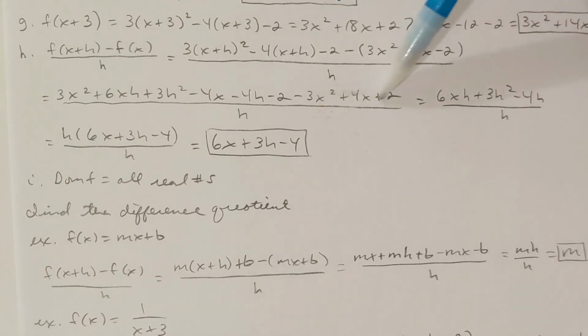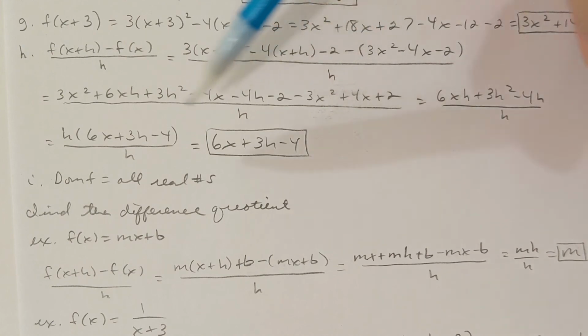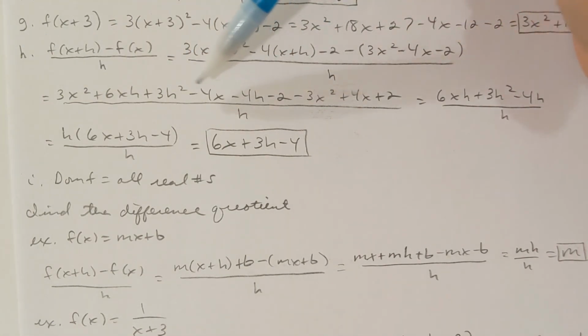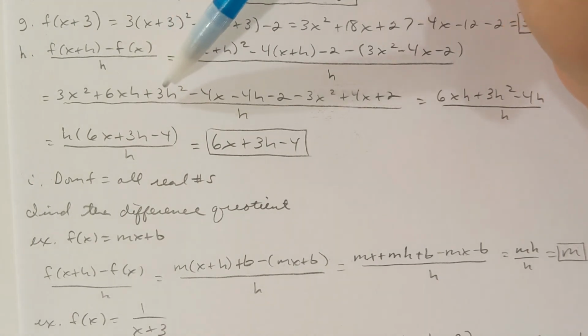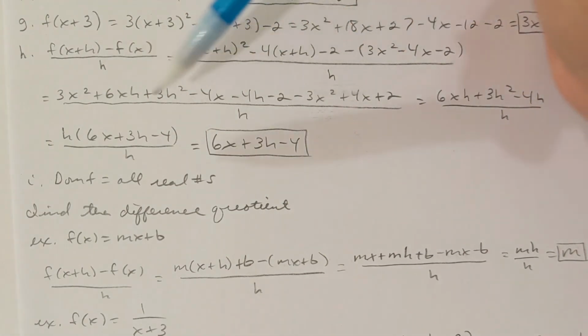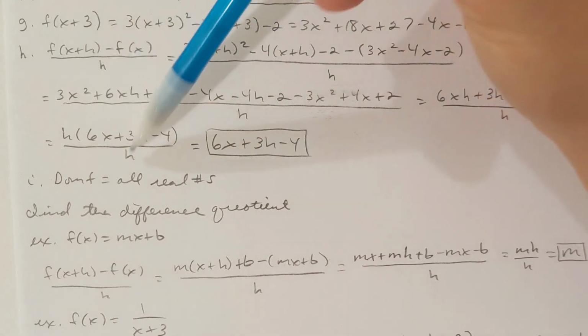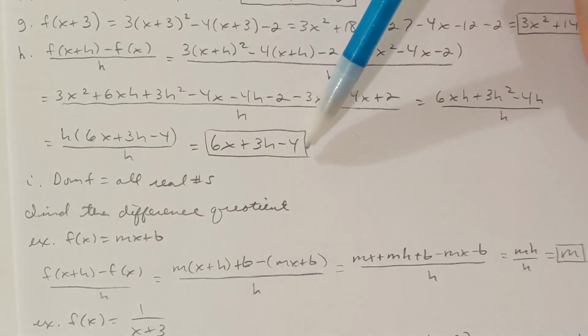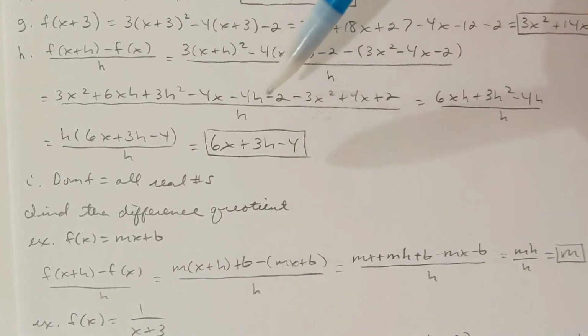So the 2's are gone, the 3x squareds are gone, and the 4x's are gone. And that leaves me with 6xh plus 3h squared minus 4h all over h. I can take this a step further by factoring an h out of the numerator and canceling it with the 1 down under. And that gives me 6x plus 3h minus 4. And this is as simplified as I can get it.